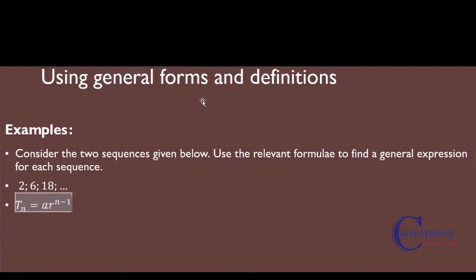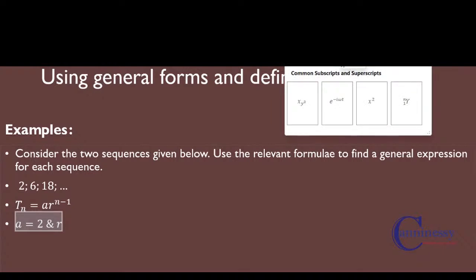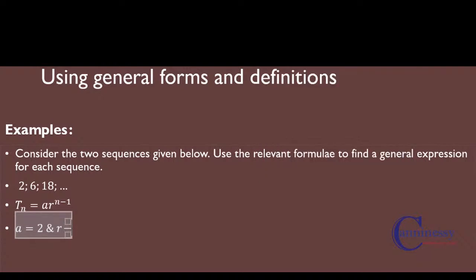All right, so now let's substitute the values of A and R. So in this case, remember A is always the first value, so A in this case is 2 and R is equal to successive term divided by previous term.